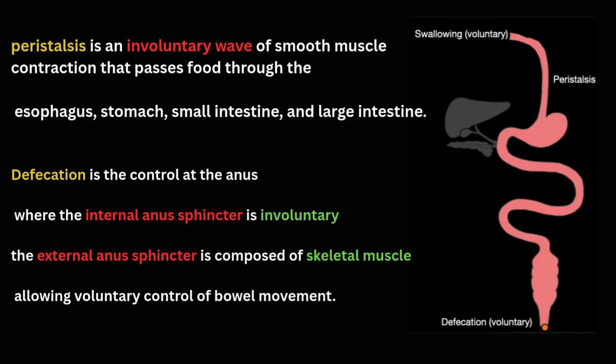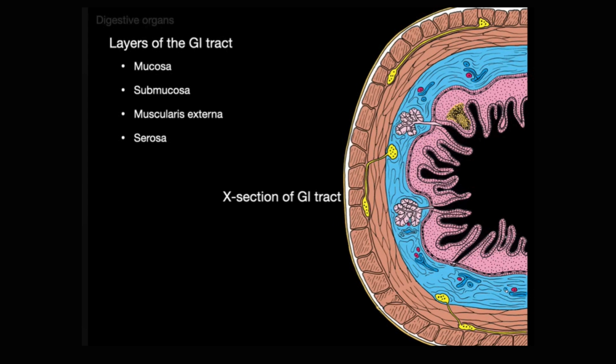The internal anal sphincter is the inner portion of the muscle, made out of smooth muscle, which is why it has involuntary movement, meaning you cannot control it. The external anal sphincter is composed of skeletal muscle, so you can control these movements. These are important because they allow voluntary control of bowel movement.